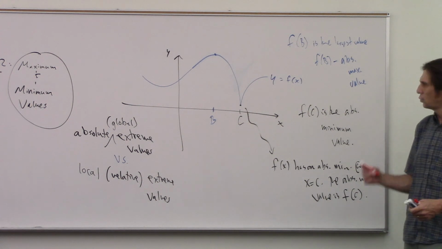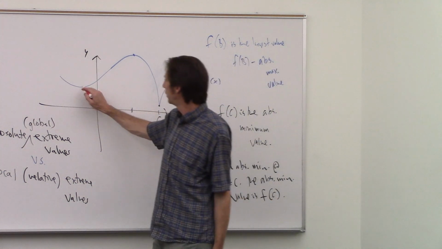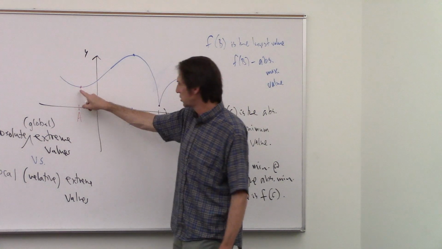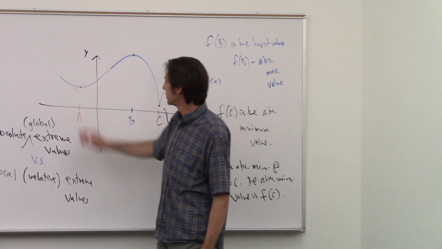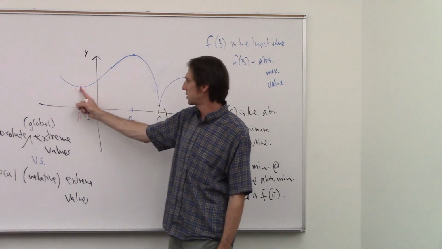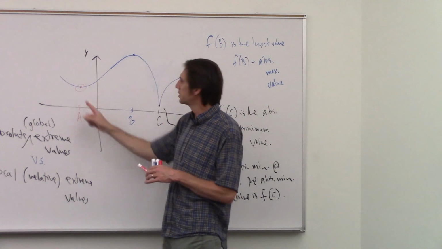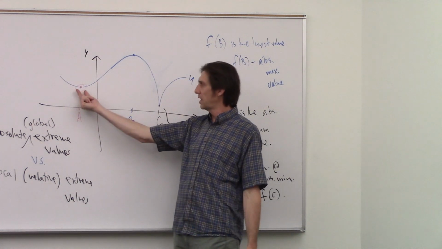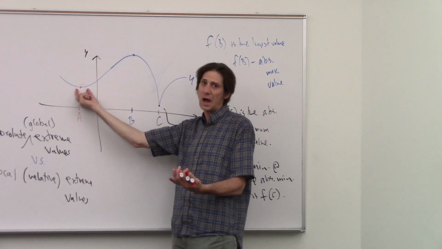Now, there's at least one other point on this curve that is of interest, namely this point right here. At this location, the function does dip down into a little valley. And the height in this location is the smallest of any nearby heights, right? It is the lowest point, not of the entire graph, but of any of the graph values that are nearby.